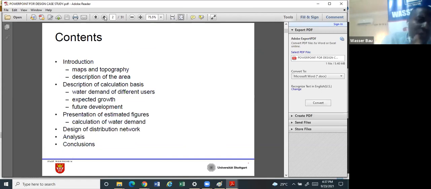Engineer Sunday made us understand that if you have to be doing a design, just a recap of what he said, you need your map, your description of the area, you need your calculation basis, where he talked about expected growth and future development. Then you talk about the calculation of water demand, which he said is about 130, depending on the population density of the area.